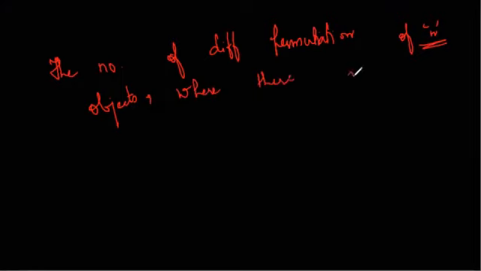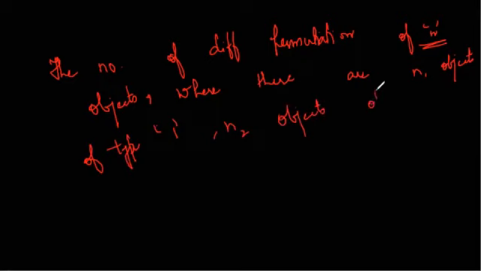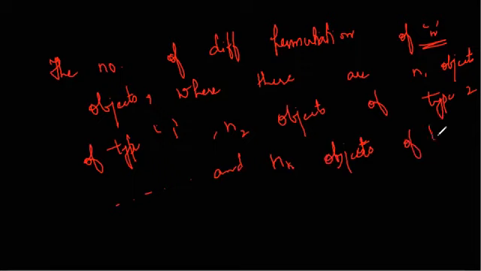We are speaking about the number of different permutations of n objects, where among these n objects there are n1 objects of type 1, n2 objects of type 2, and this continues with nk objects of type k.